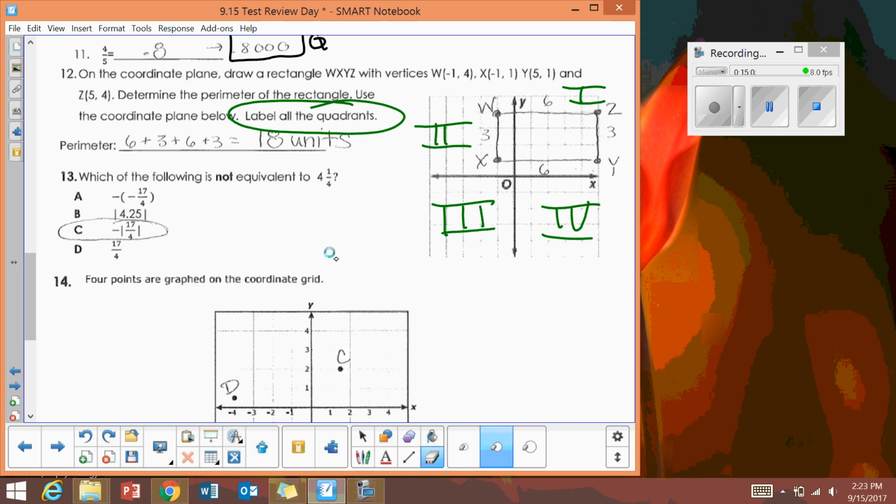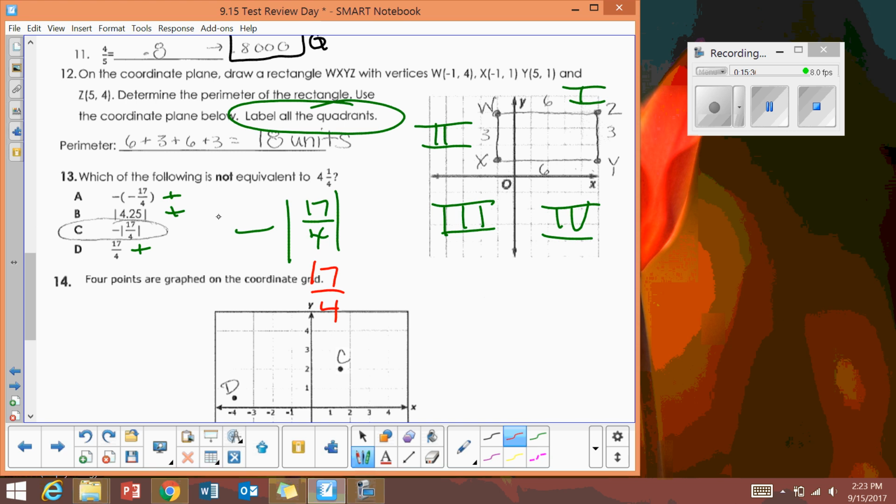Okay, so we have the opposite of negative 17/4 is positive 17/4. So this answer is going to be positive. The next one was the absolute value of 4 and 25/100. This one's going to be positive. If I look at D, that's also a positive number. Now when I'm looking at the opposite of the absolute value of 17/4, the absolute value of 17/4 is 17/4.